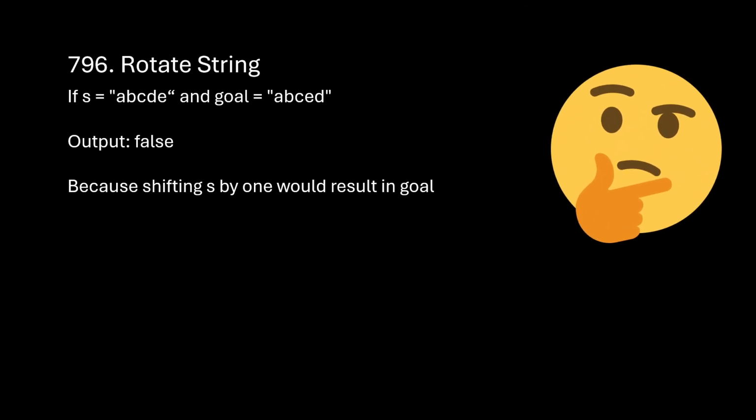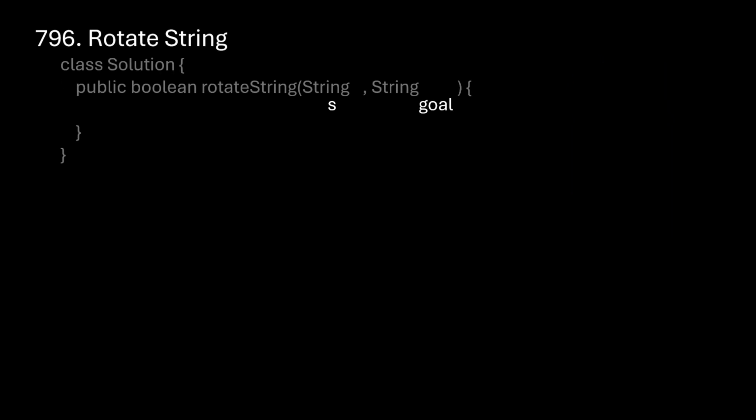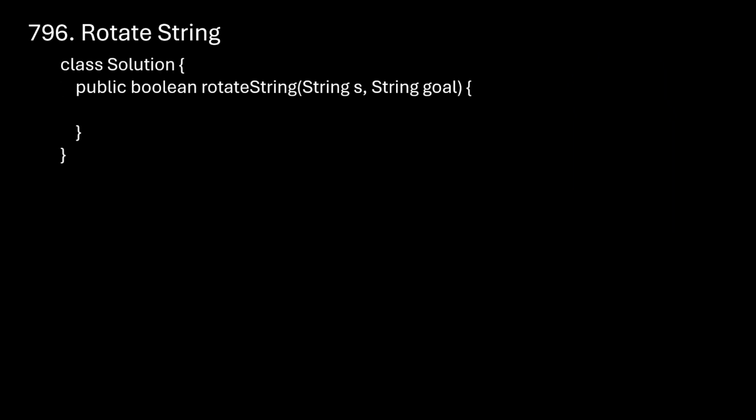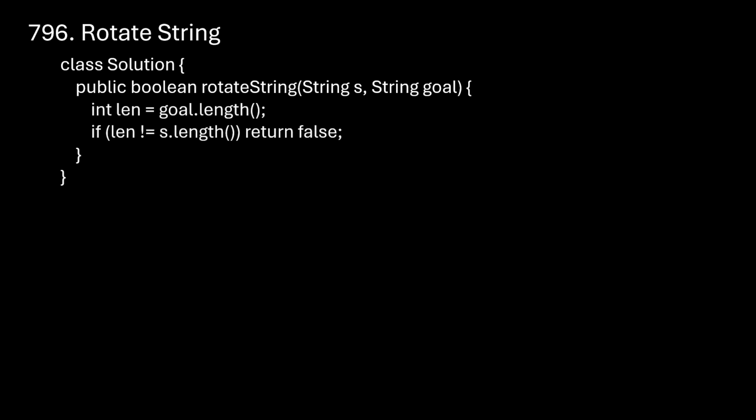So why don't we start off by going through the naive solution, which is more complicated than the optimal solution. So we're given the starter code rotate string, given the string s and the goal string. Let's begin by first getting rid of any base cases that might give us problems as we solve this problem.